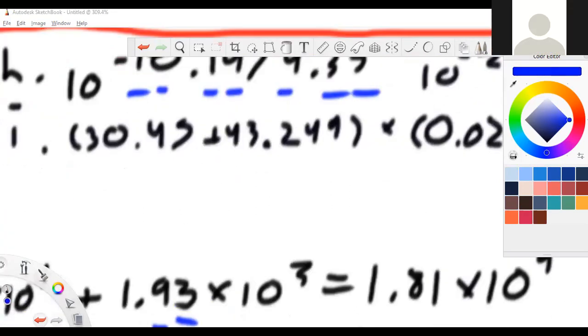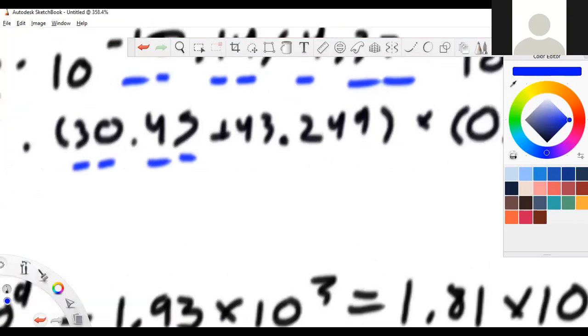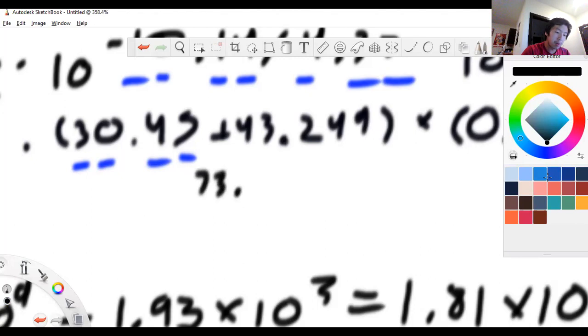Okay, we have two sig figs here, which means this term, or we have 4 sig figs in this one, 5, but this only goes 2 decimal places as opposed to 3, so that means we're going to use this one with the 4 sig figs, 2 decimal places. So this term comes out to be 73.70.